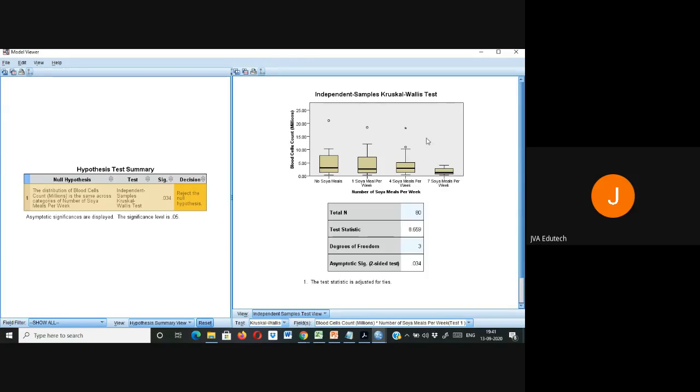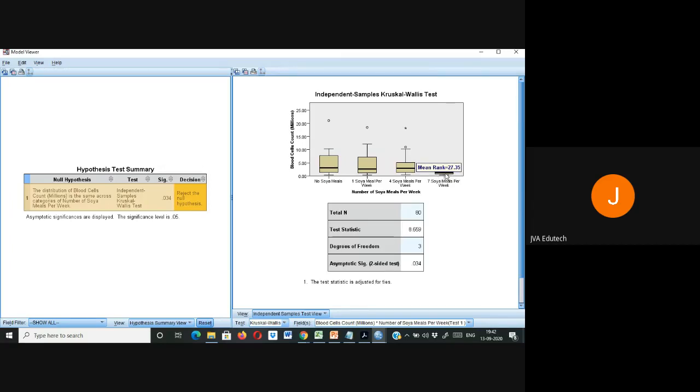These outliers are nothing but our samples who produced a particularly rampant quantity of blood cells. Their blood cells count were out of the normal blood cell count. However, if you see the median of the group which ate 7 soya meals, it is quite lower.